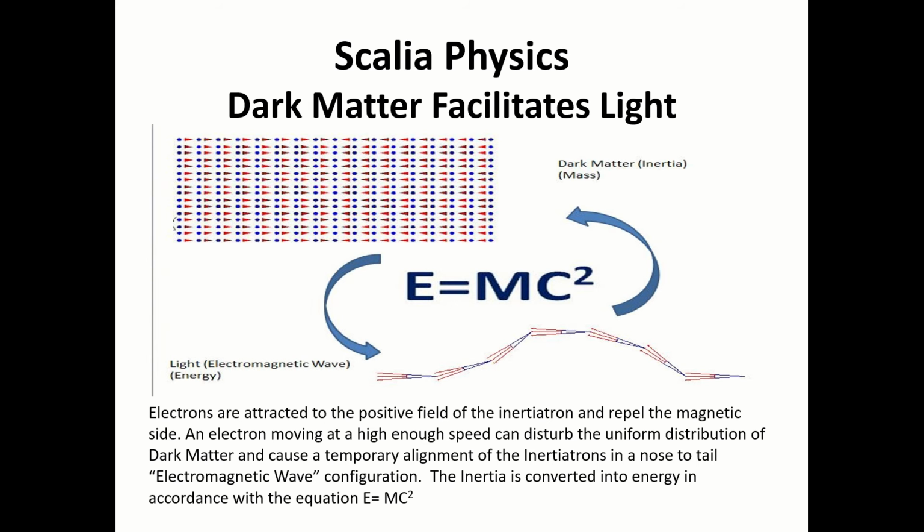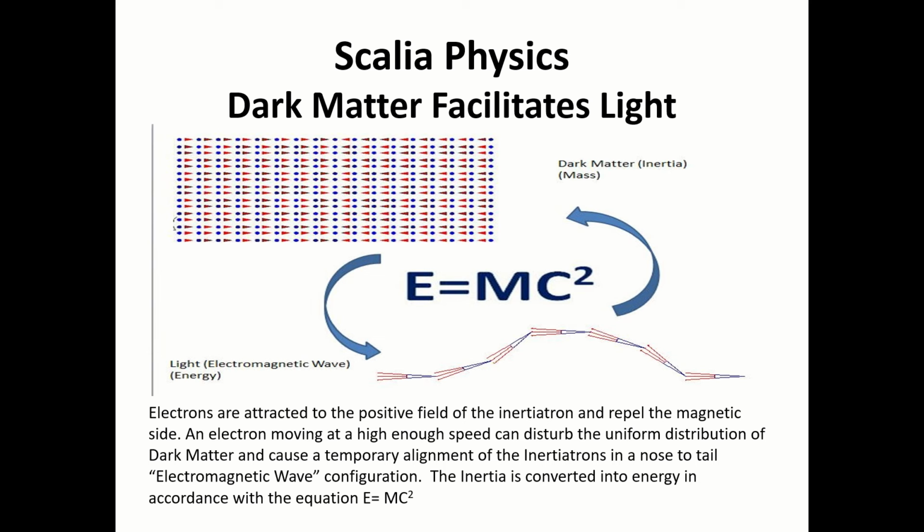So what's interesting is the uniform distribution of inertiatrons can be acted upon and transformed into an electromagnetic wave, and this is how electromagnetic waves propagate through space.